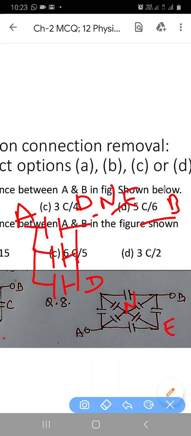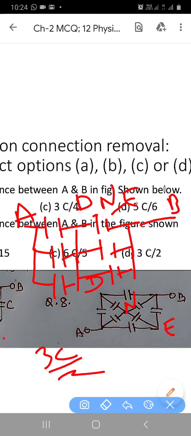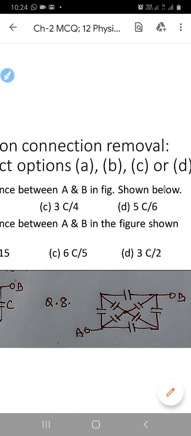Between D and B, 1C, between N and B, again 1C, and between E and B, again 1C. So 3C here. 3C and 3C will be in series, so the resultant net capacitance will be 3C upon 2. So for this one, option D is correct.